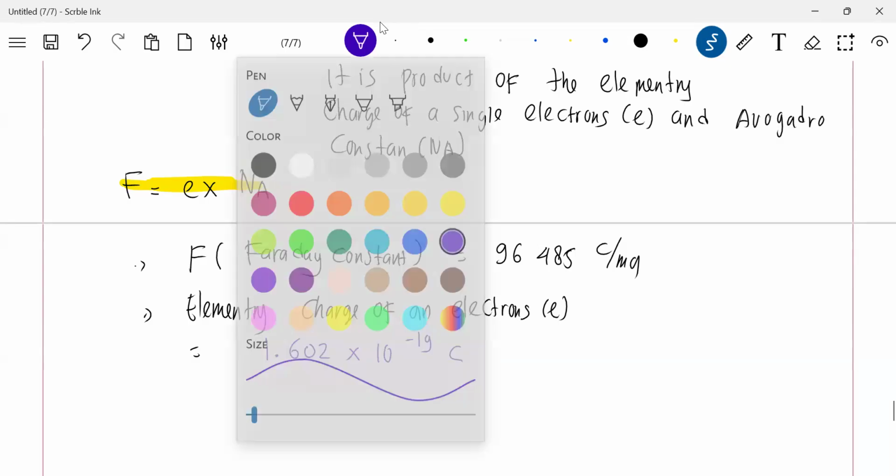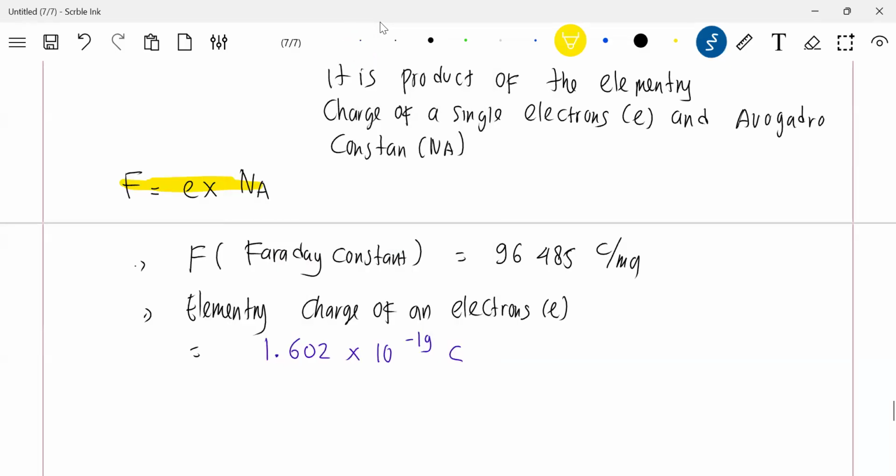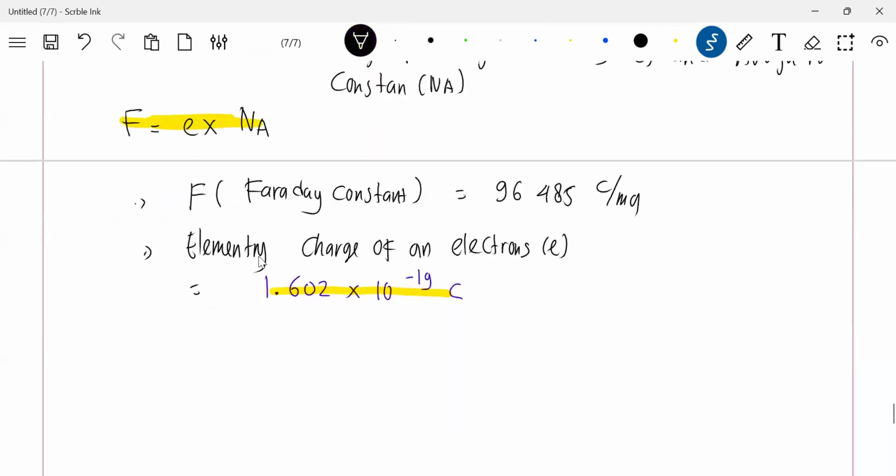Of course, I will highlight it. To calculate the Avogadro constant, to find out Na equals F divided by E. This is the basic formula.